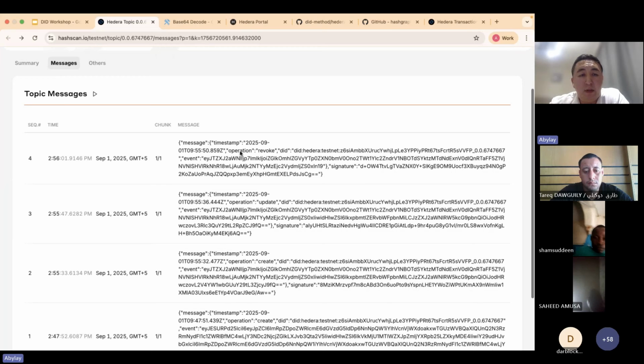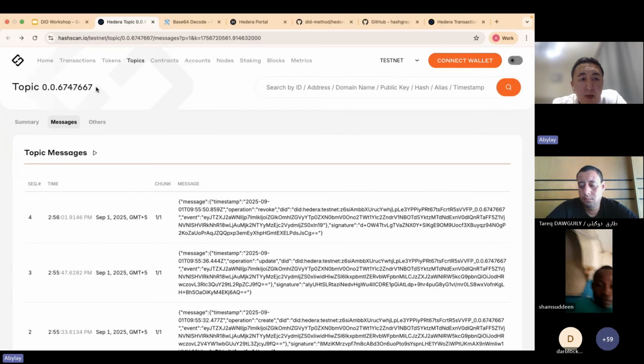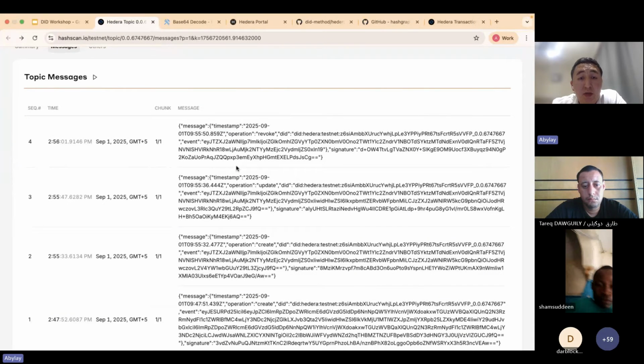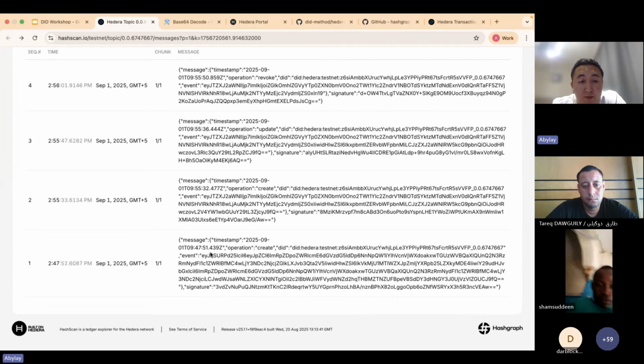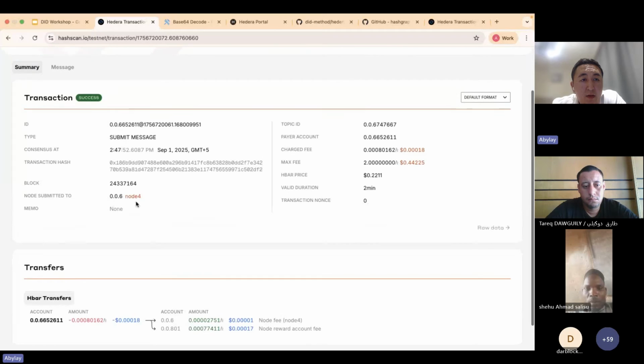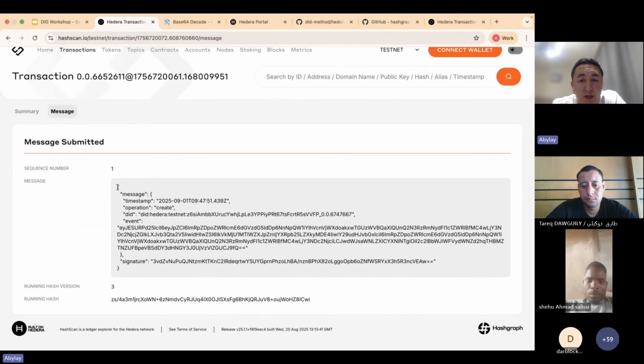So for example, this is the topic ID 0.067477667. If you open the history, you will see the messages, the DID transactions. For example, this first transaction is a DID create transaction. You can open it and observe the metadata. So it generates this metadata on chain, visible to anyone.